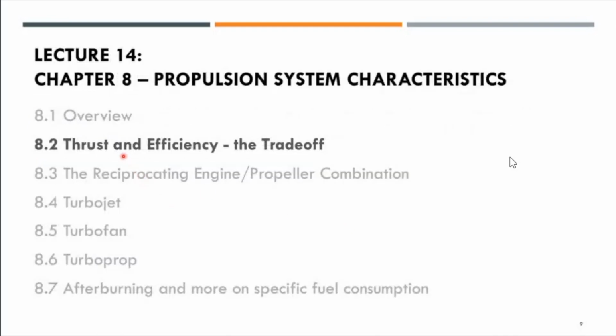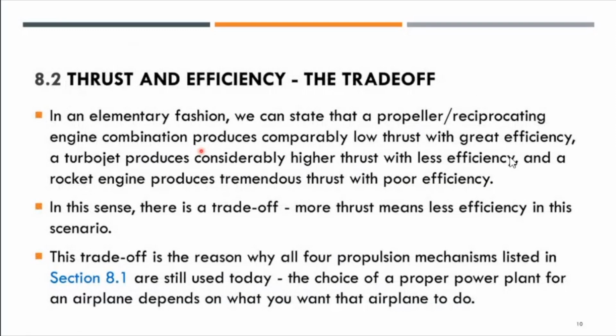Right, so as mentioned, we are going to look into the thrust and efficiency, the trade-off between the two, and we shall discuss it now. In an elementary fashion, we can state that a propeller or reciprocating engine combination produces comparably low thrust, but having better efficiency.